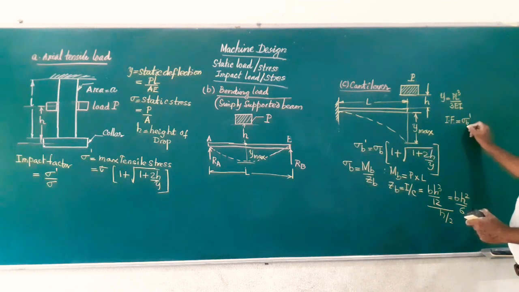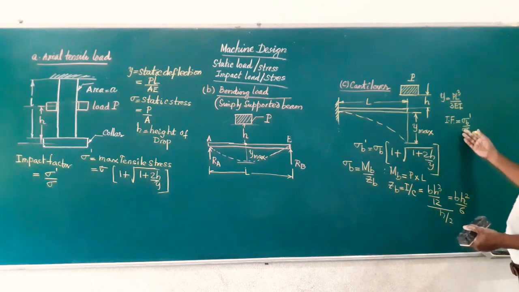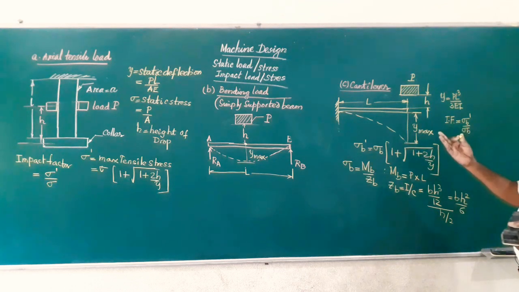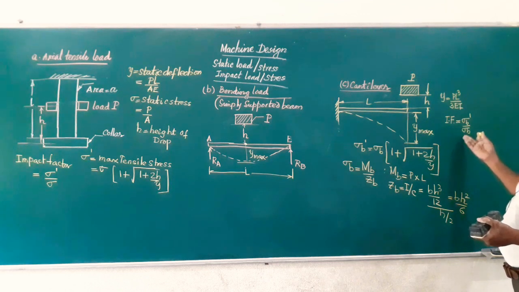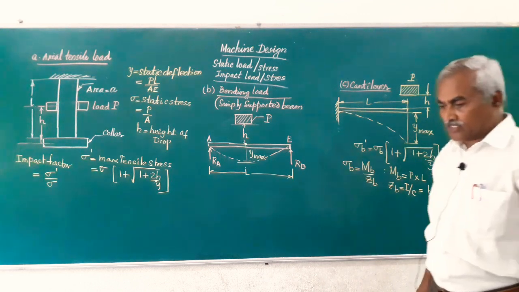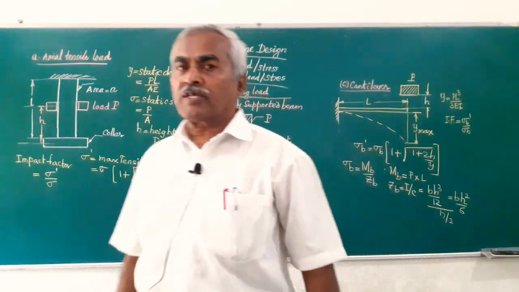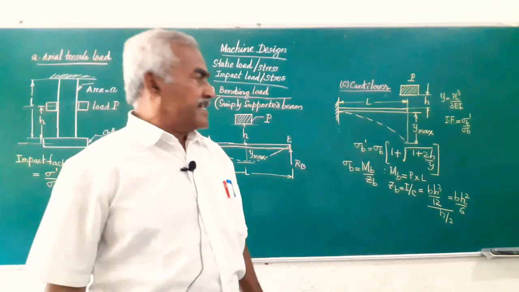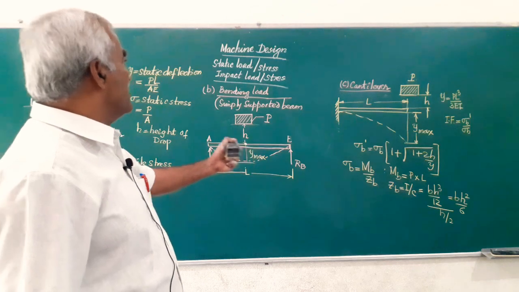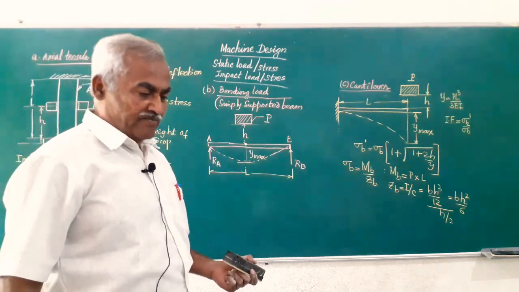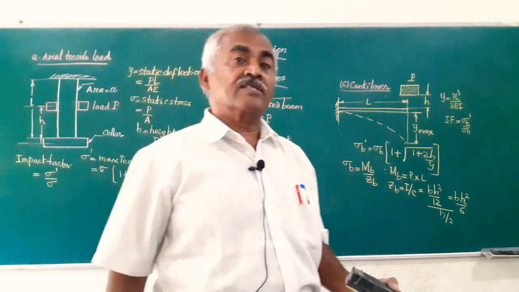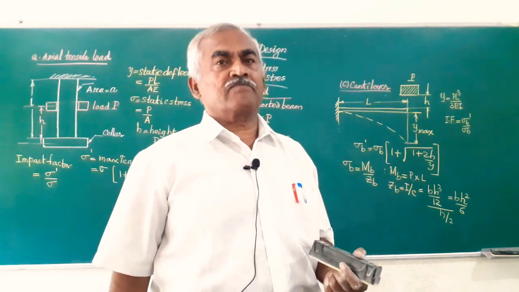You will be able to find to what extent the maximum stress induced is higher than that of the static stress. Friends, I hope you are able to get a clear concept about the impact load, the stress due to impact, that is the impact stress, and then the impact factor.